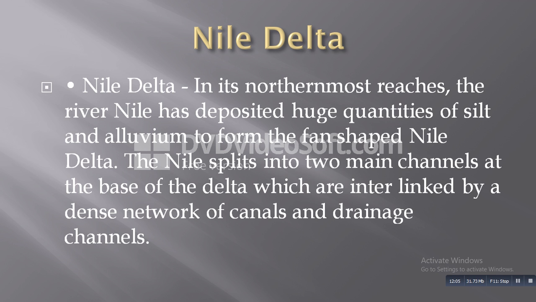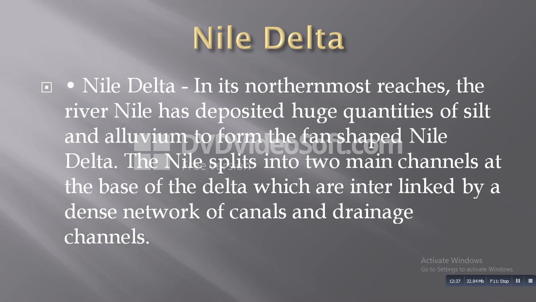Here the River Nile deposited huge quantities of silt and alluvium to form the fan-shaped Nile Delta. The Nile Delta splits into two main channels at the base of the delta, which are interlinked by a dense network of canals and drainage channels. So it is split in different ways, forming many small canals and drainage channels.